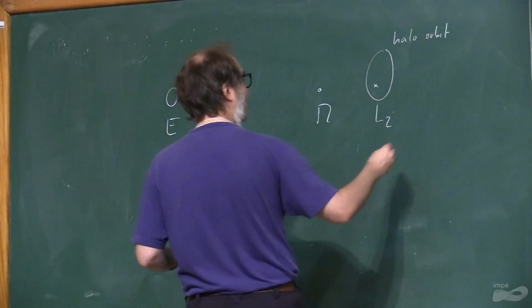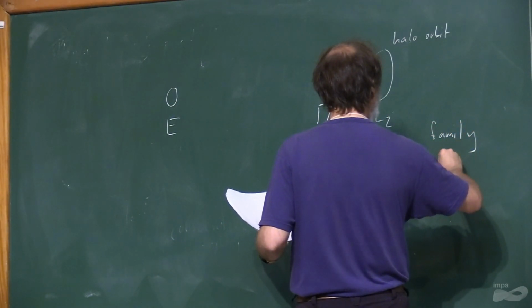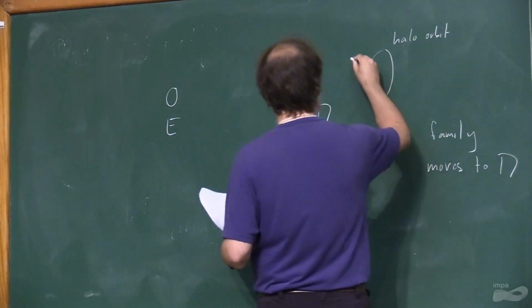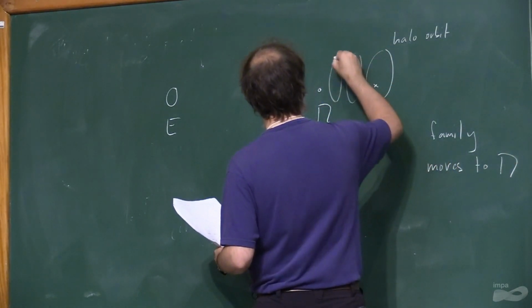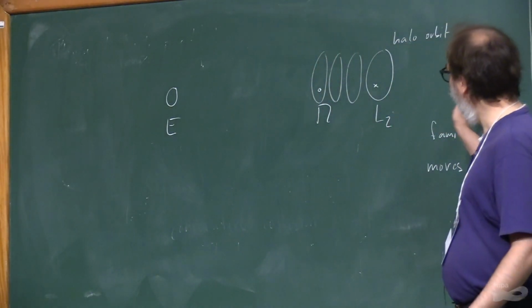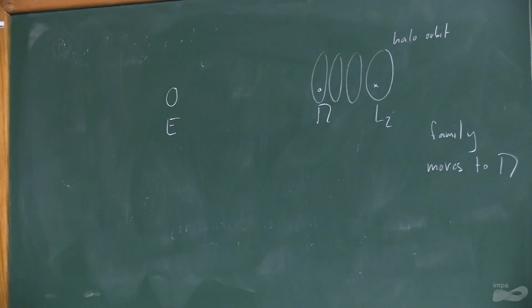So the family moves to the Moon. That's a different way to get these polar orbits. And now, of course, the question is: are these the same?